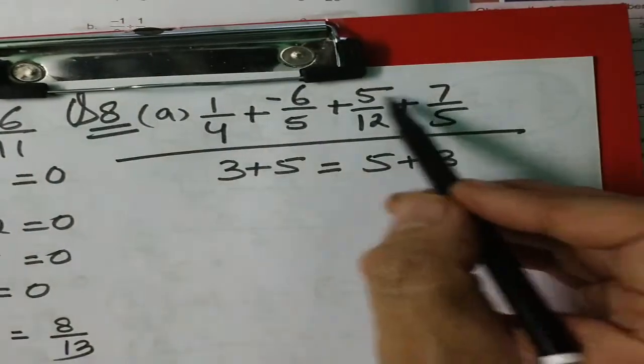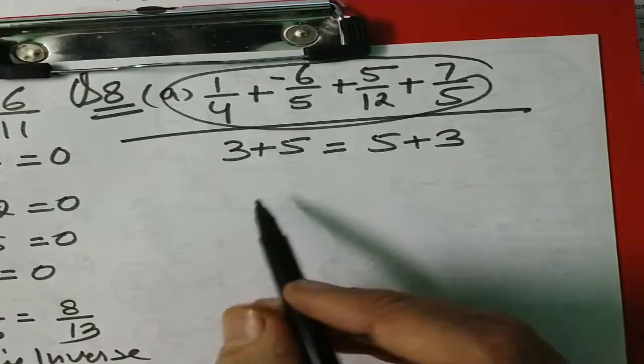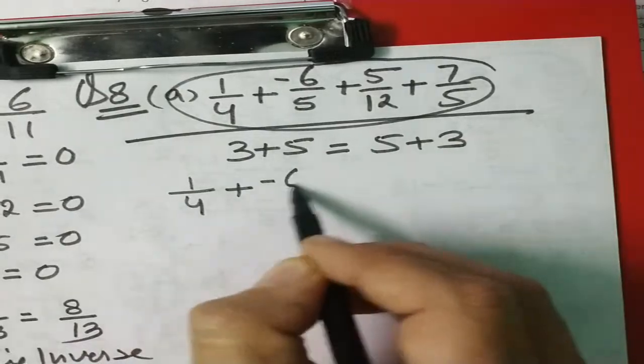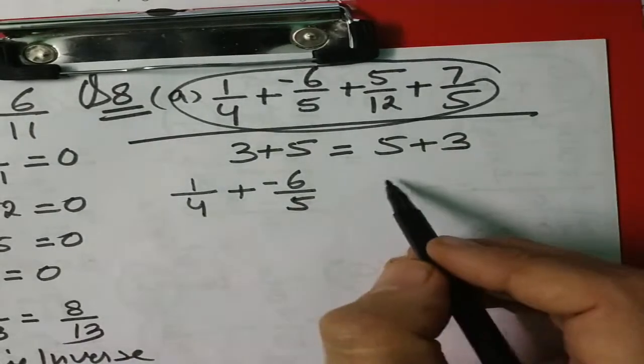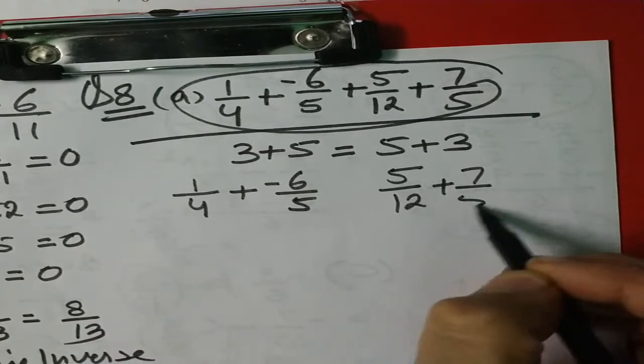So how will you do this question? By using the commutative property. We have 1 upon 4 plus minus 6 upon 5 and 5 upon 12 plus 7 upon 5.